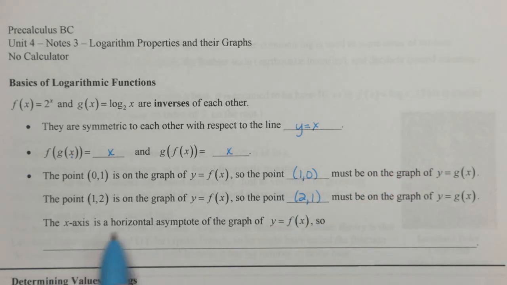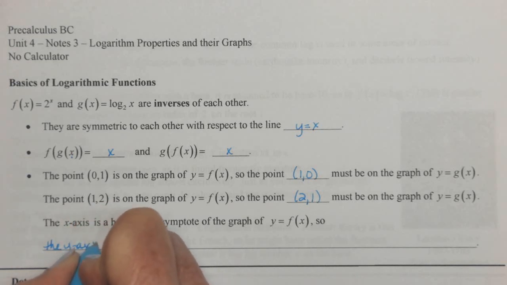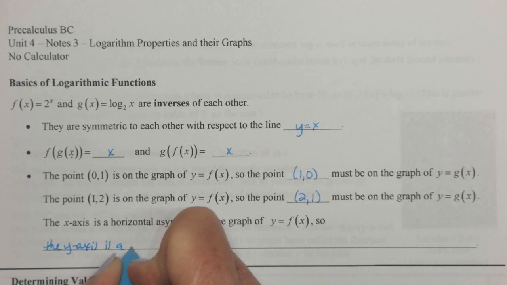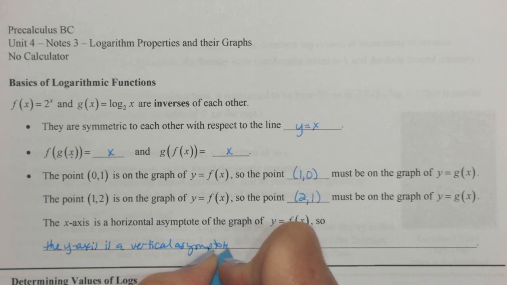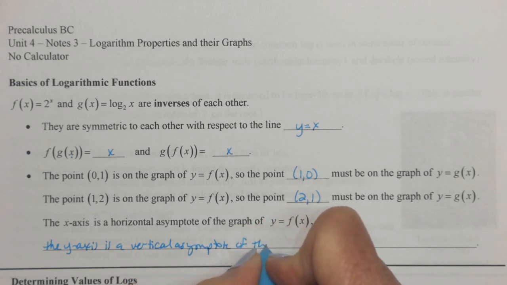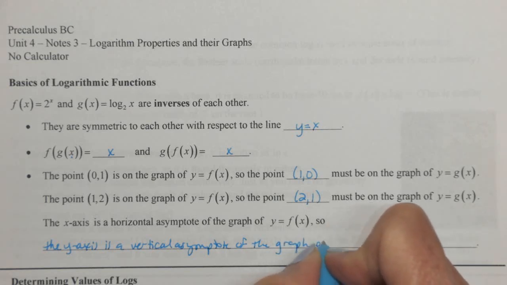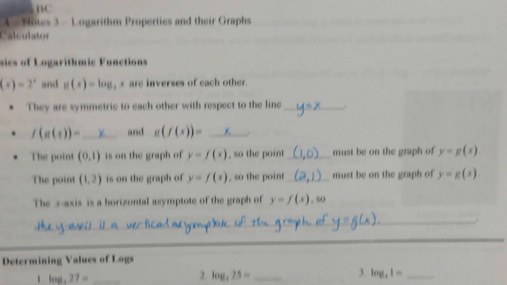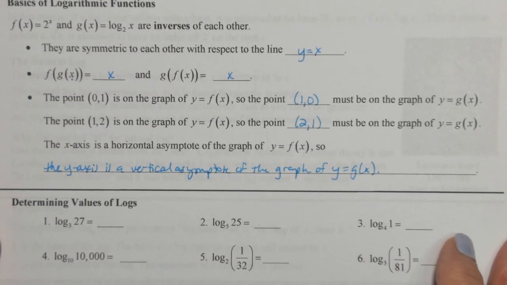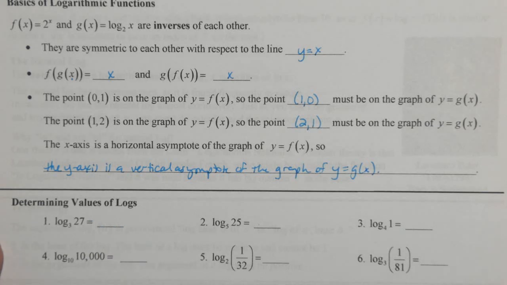If the x-axis is a horizontal asymptote of f, then the y-axis must be a vertical asymptote of the graph of y is equal to g of x. So I say that because that's true. These are all true. Alright, before we go and graph, let's just think about some values of logs.